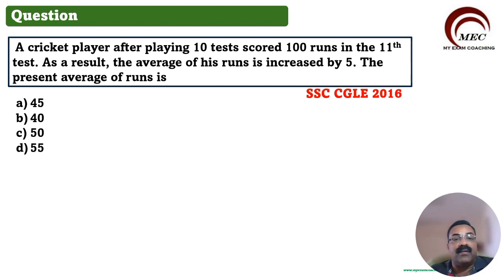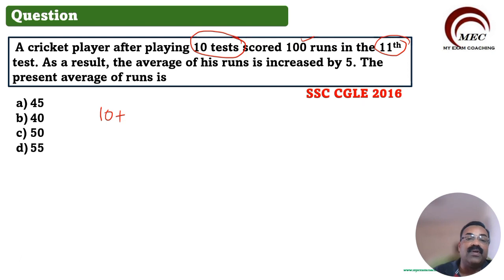A cricket player, after playing 10 tests, scores 100 runs in the 11th test. As a result, the average of his runs is increased by 5. The present average of the runs is? So how many tests did he play? He played 10 tests, plus in the 11th test he got 100.